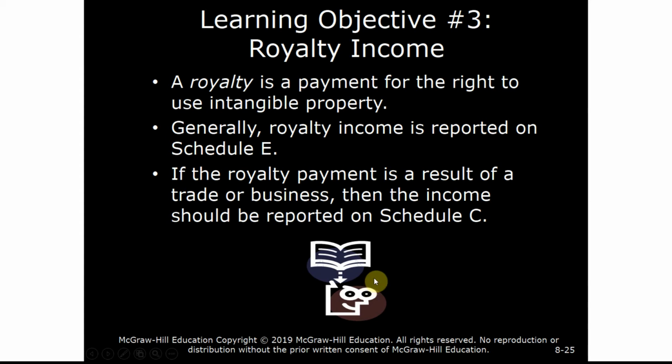All right, so that's an overview of a good part of Chapter 8, which is the rental property issue. Another use of Schedule E is for royalty income.